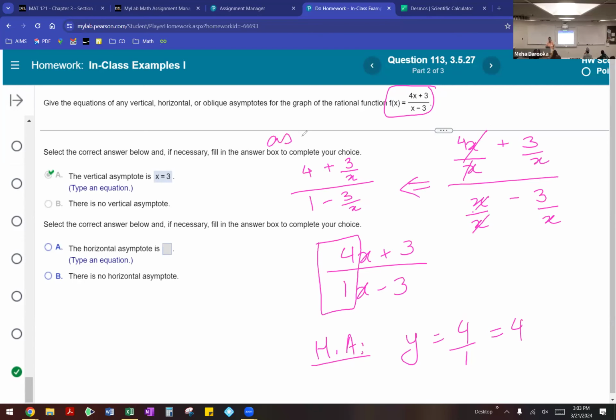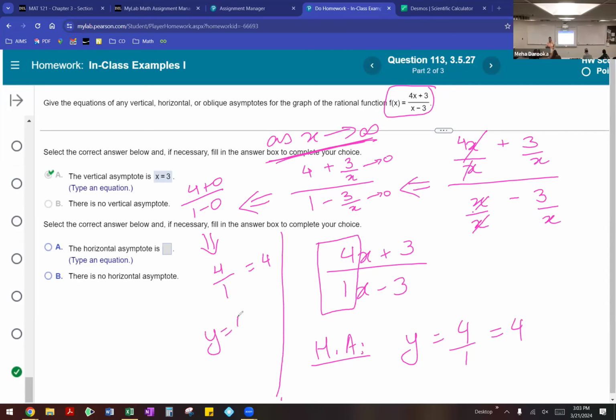So as x starts going to infinity, this guy would start going to 0. So you would then end up with 4 plus 0 on the top, 1 minus 0 on the bottom, which would still come out to be 4 over 1. The same conclusion, right? We would still end up with horizontal asymptote at y equals 4. So that's the mathematical way of doing it, but the shortcut is if it's the same degree, look at the coefficients of the x values, and that's going to be your horizontal asymptote.